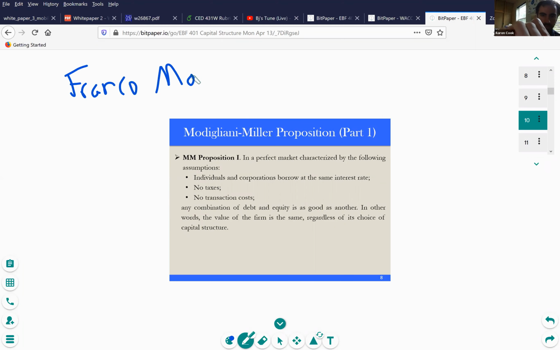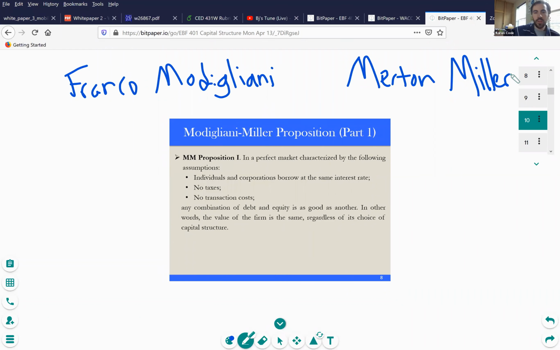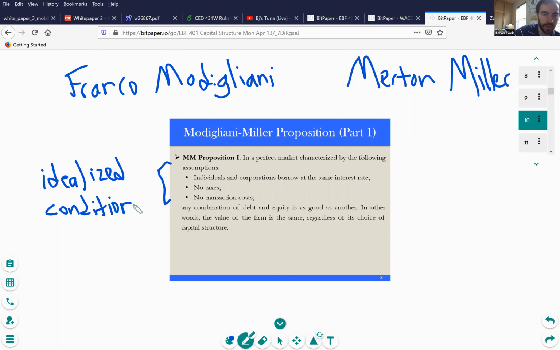These were a couple of financial economists who did some serious thinking about this problem and worked out a solution that holds under idealized conditions. These are highly idealized assumptions, but it's helpful to simplify matters and get to the core elements of what's going on when a firm is borrowing, and consider what in theory the debt is actually doing for the firm.